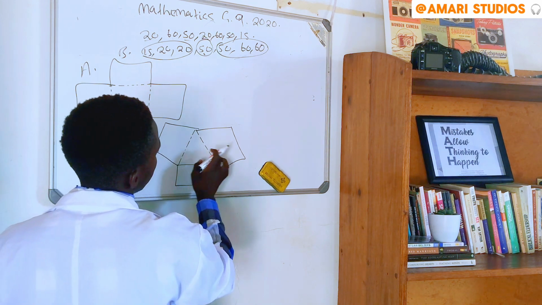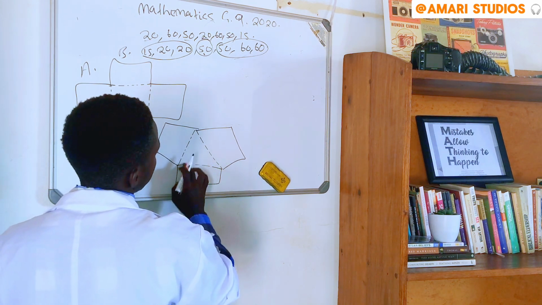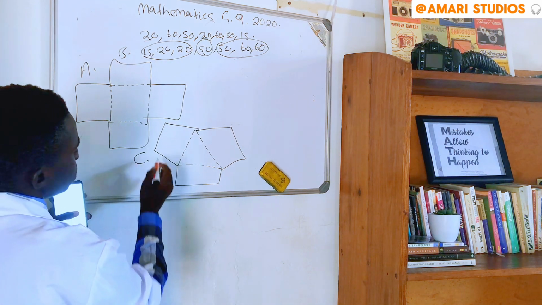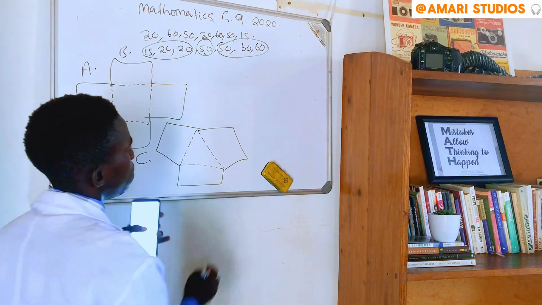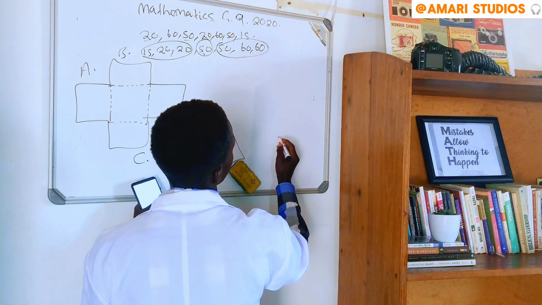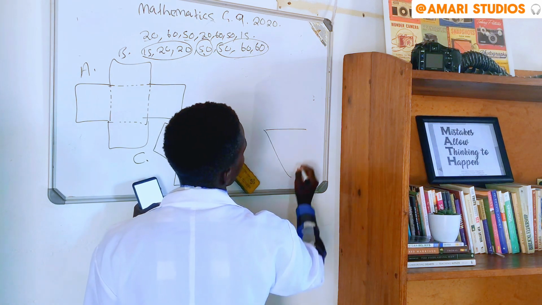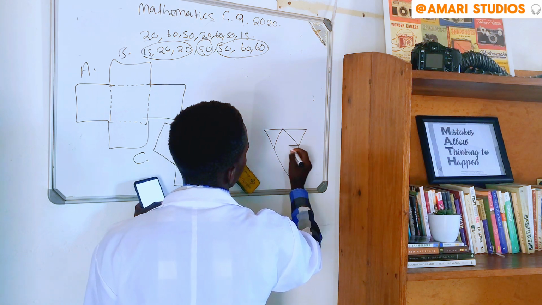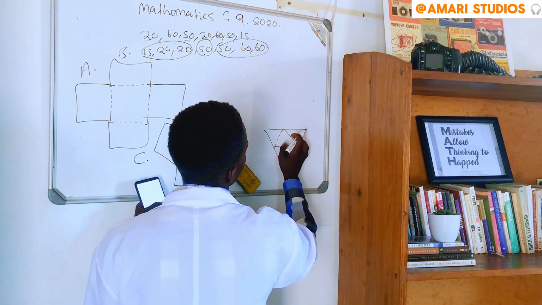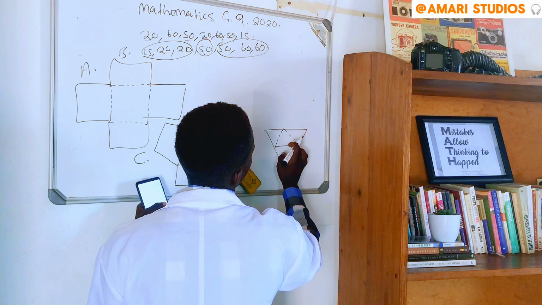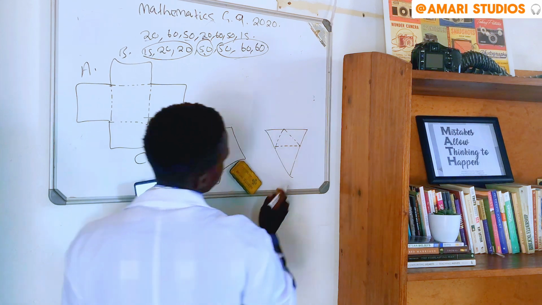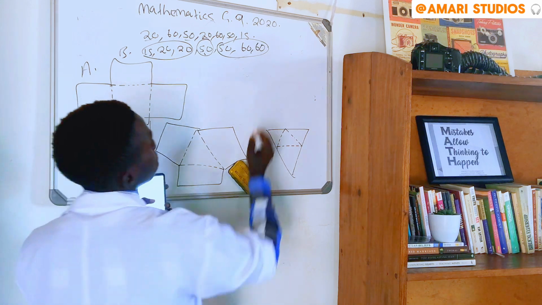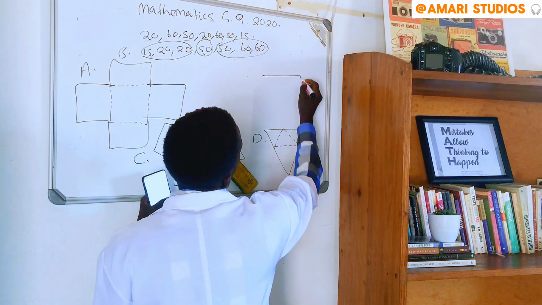This diagram is representing option C. Then we also have another diagram here, and this diagram is representing option D. Then lastly, we have this diagram here.